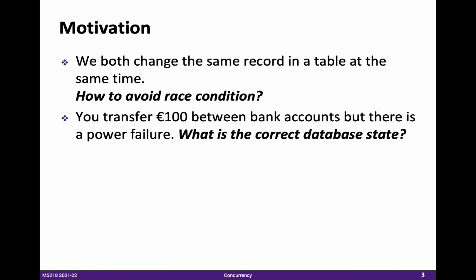AIB would be checking that 100 euro is available or not, right? So it would be a select statement, right? Select balance from accounts where account number is your account number and balance is greater than 100.